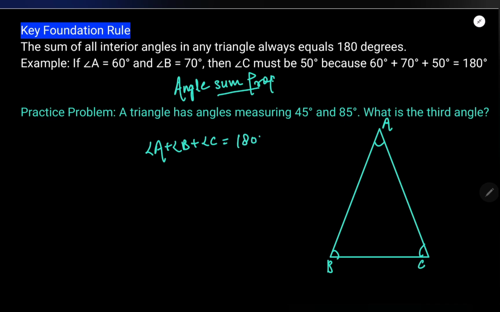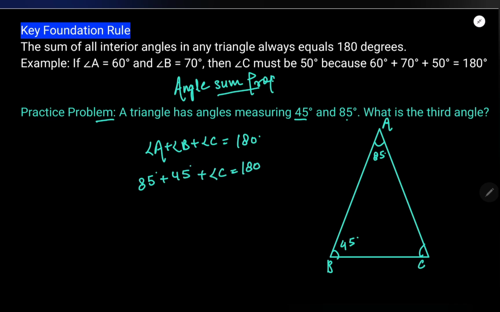And how can we use that? This is a problem we are given here. A triangle has angles measuring 45 and 85 degrees. Suppose this is 45 and this is 85. What is the third angle? We are given angle A is 85 plus angle B is 45, and they are asking for angle C, the third angle.